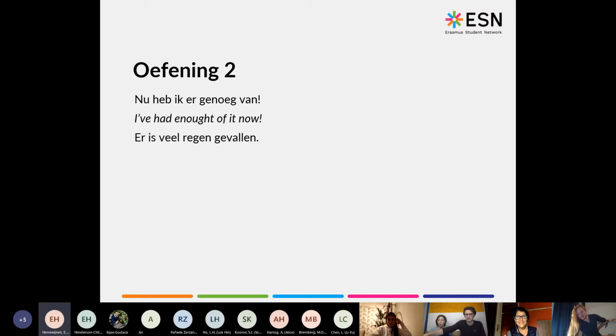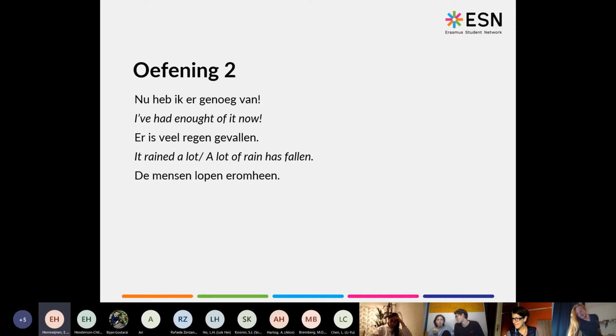Yes. Cool. Er is veel regen gevallen. A lot of rain has fallen. Something like that. It rained a lot. A lot of rain has fallen. Perfect. Okay, and then maybe Elisa can do the next one.